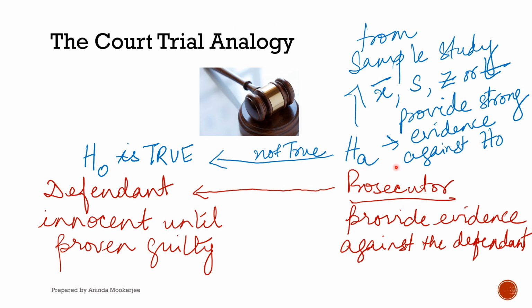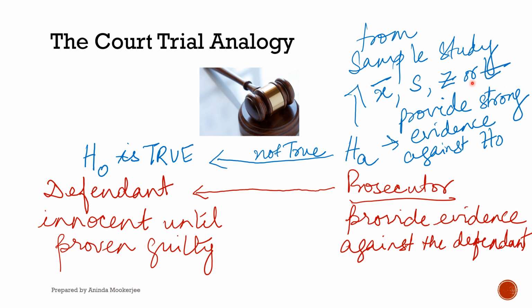It's trying to prove that it is guilty, and the evidence that the alternate hypothesis puts on the table comes from the sample study that it is based on. It has to bring to the table the sample mean, the sample standard deviation, and the associated scores, the z-score or the t-score, or later on we'll learn about other scores as well.